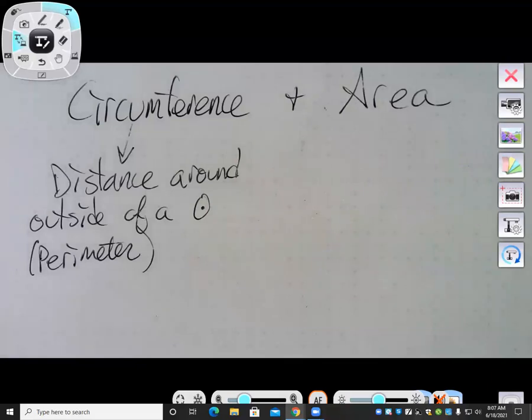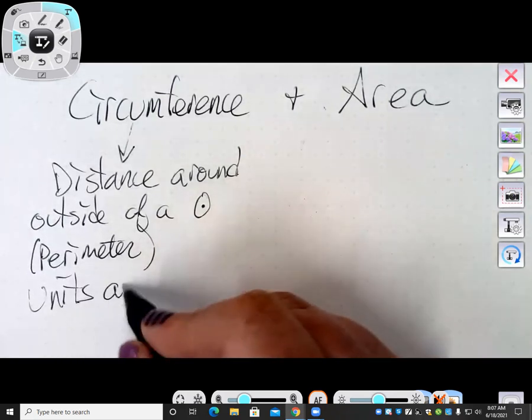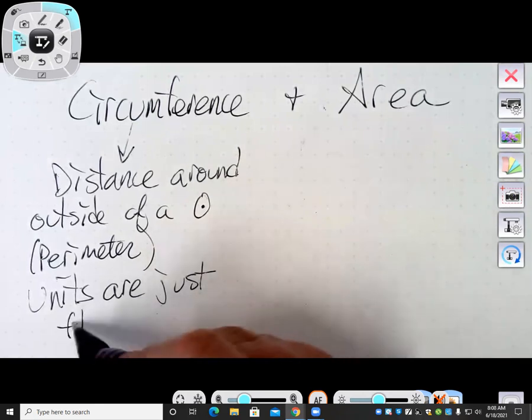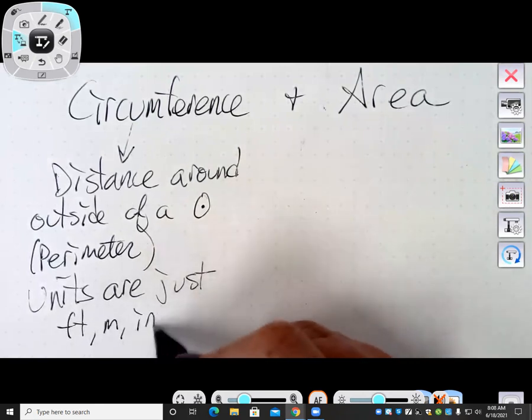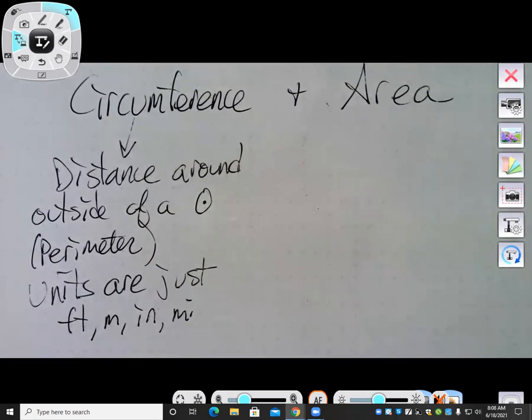When you walk in distance, you just say, oh, I walked 3 miles today. I walked 15 feet, whatever it is. You just say the units as they are. You don't square them. That would be really weird. So that is an important thing to know, is that your units are just feet, meters, inches, miles, right? You don't change it.